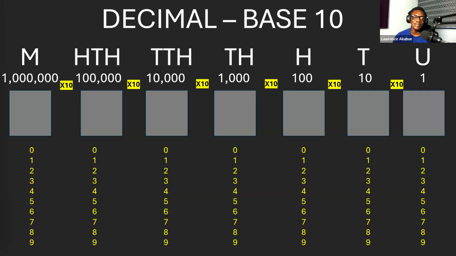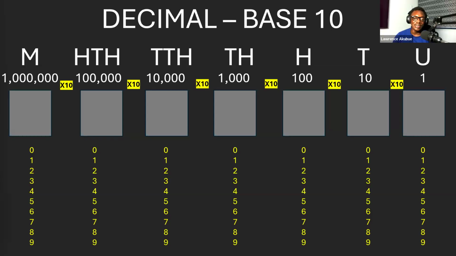So the numbers that are written beneath the boxes show the possibilities of all the numbers that can occupy a particular box. So what it means is that it's from 0 to 9, nothing else, right? But depending on the position of the number, you can derive the value of the number.